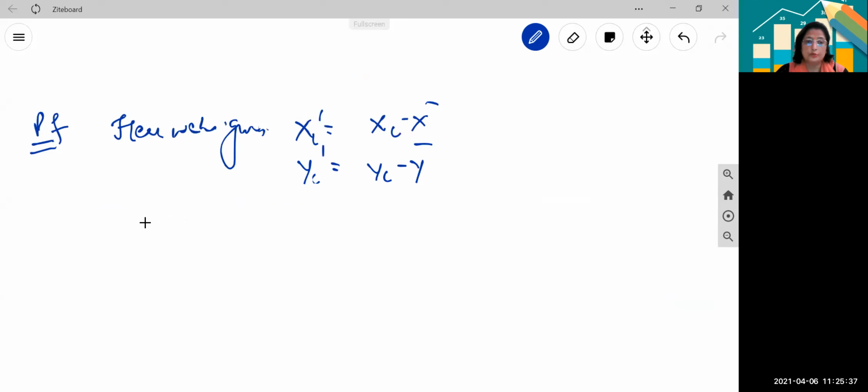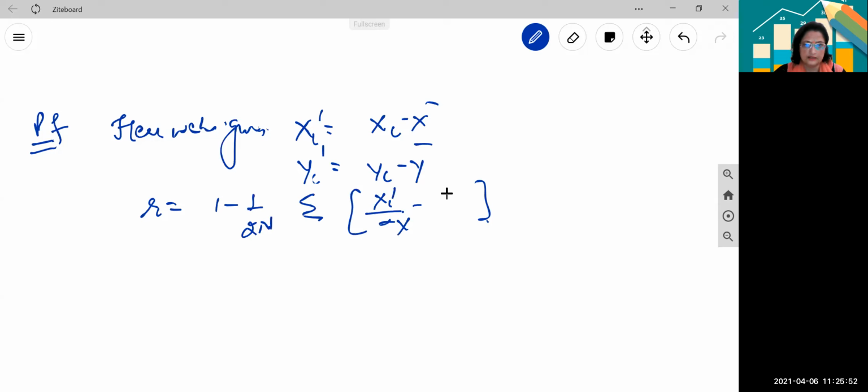So what do we want to prove? We have to prove r equal to 1 minus 1 by 2n summation of whatever expression we have been given here, xi dash upon sigma x minus yi dash upon sigma y.